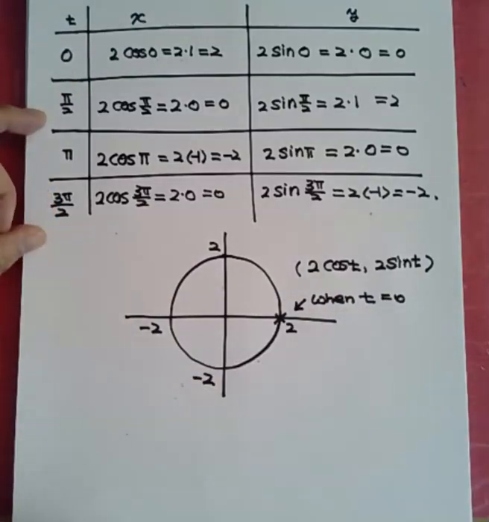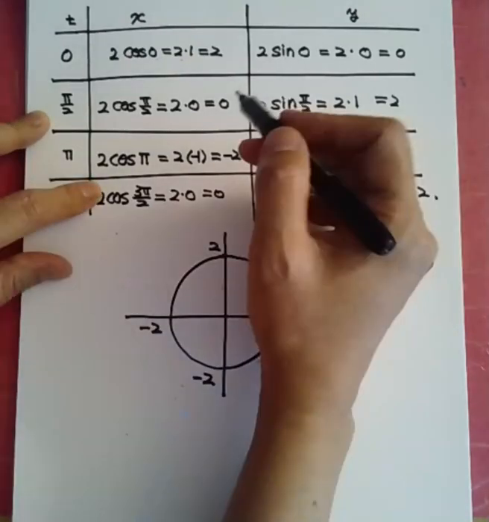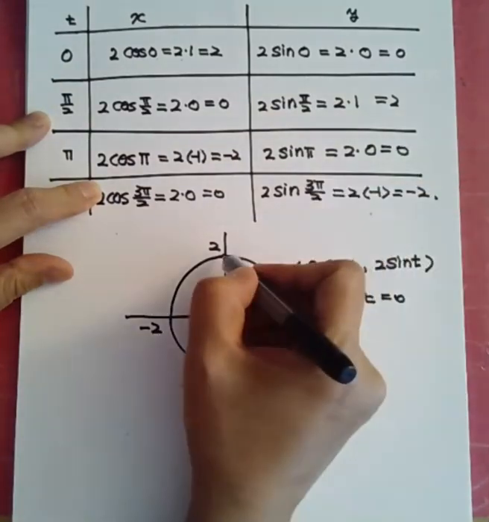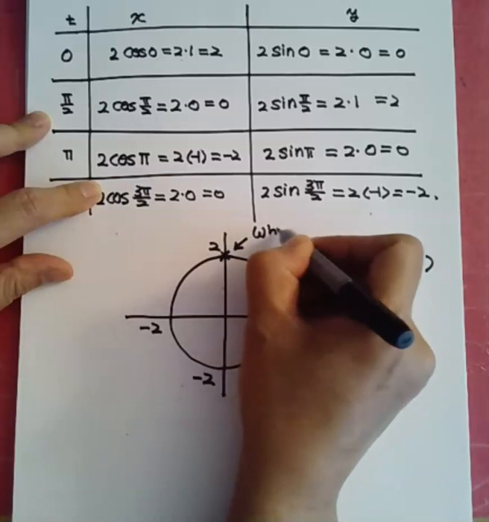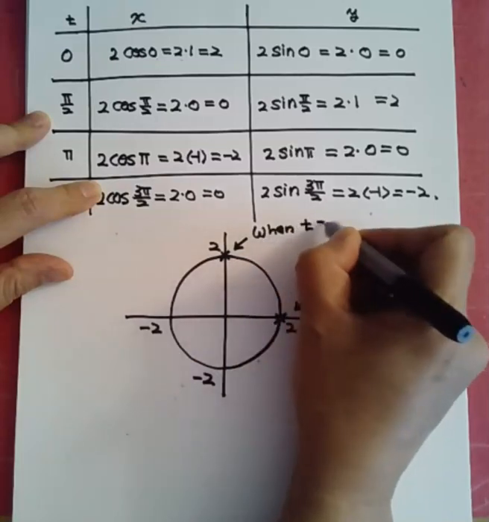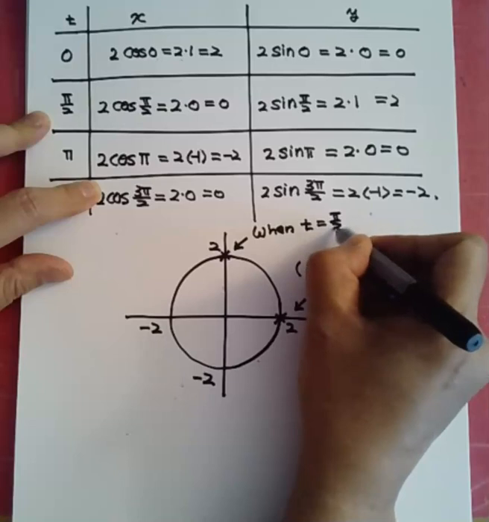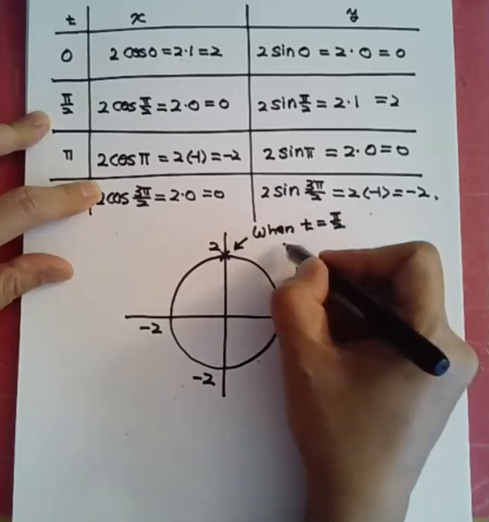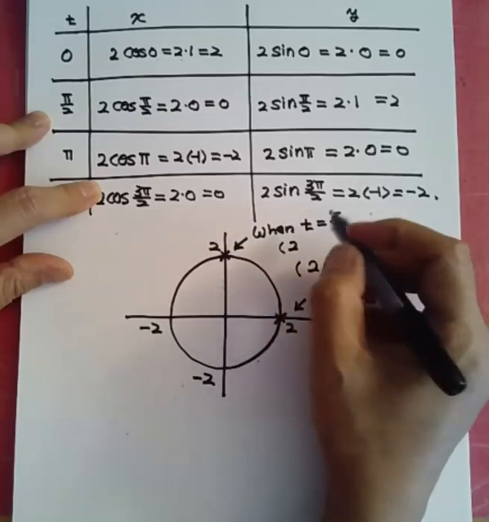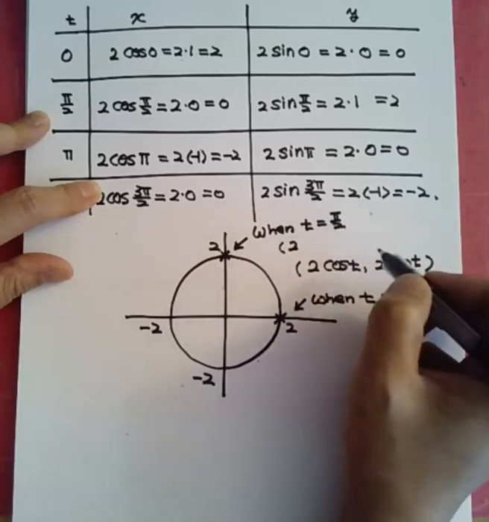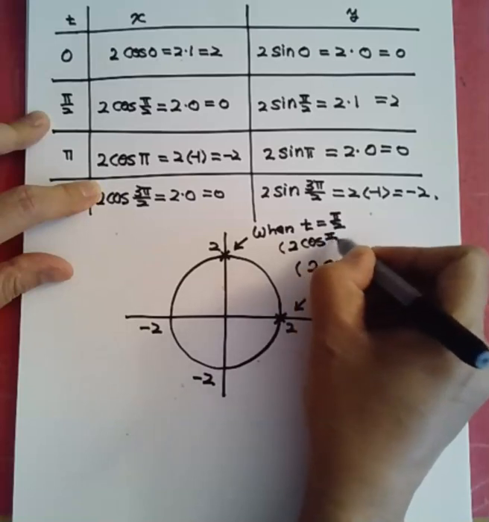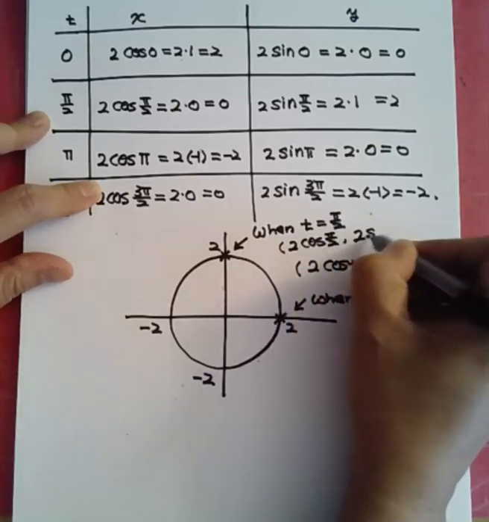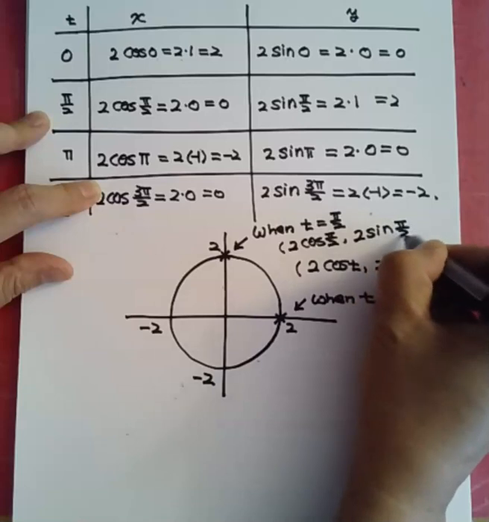When t is pi over 2, the x value is 0 and the y value is 2. So this point. That was evaluated by plugging pi over 2 into the given parametric equations, so 2 cosine of pi over 2 and 2 sine of pi over 2.